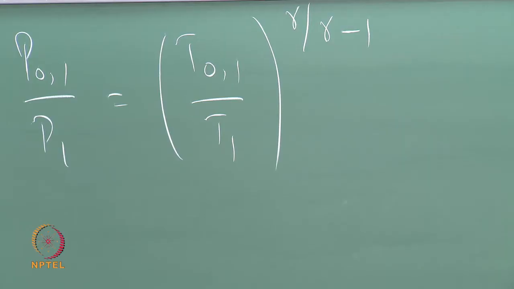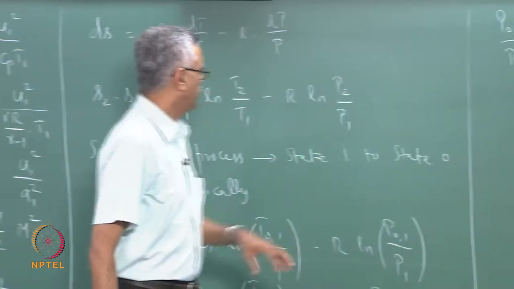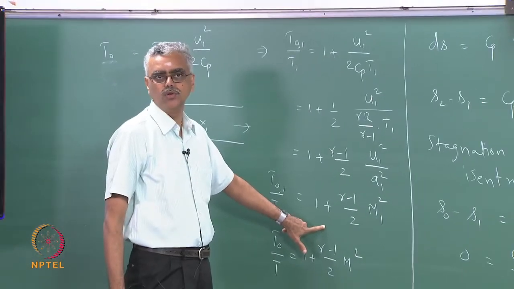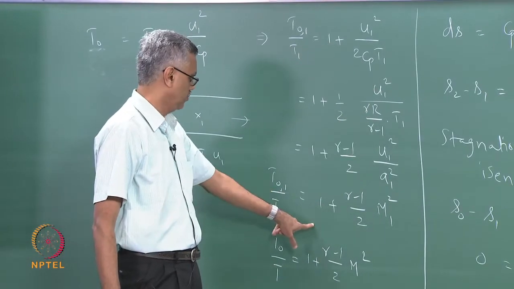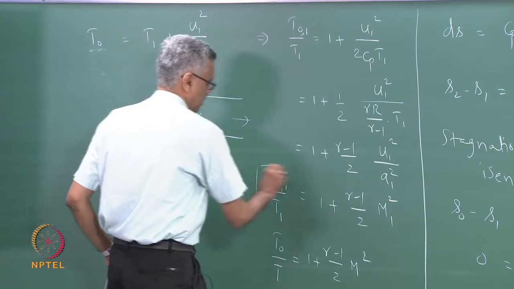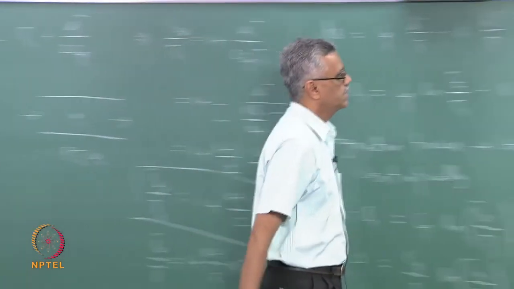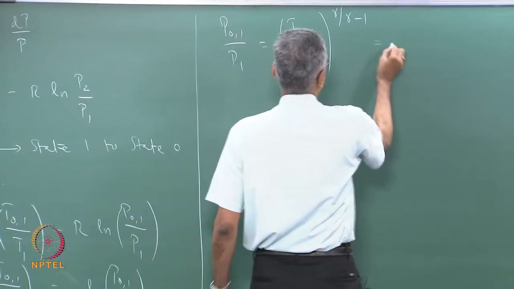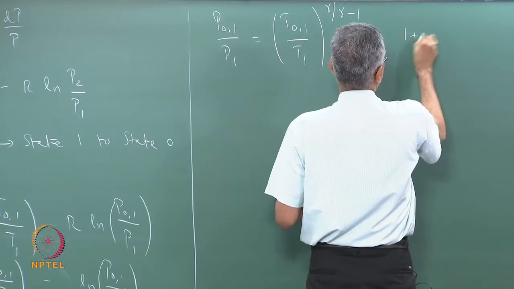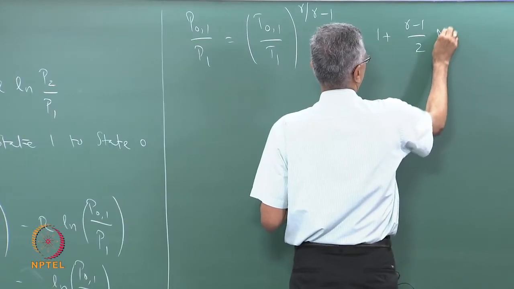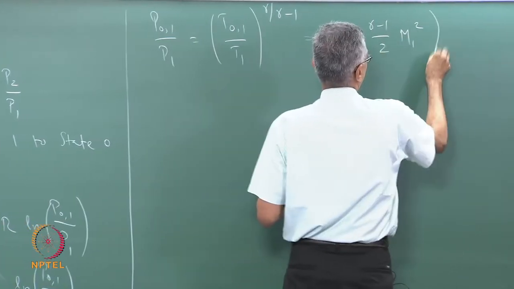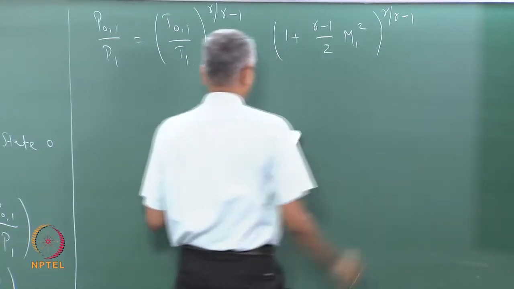Once again, if I wish to write this in terms of Mach number, I can substitute for T01 over T1 from the earlier equation and write P01 over P1 is equal to 1 plus gamma minus 1 over 2 times M1 square raised to the power gamma over gamma minus 1.